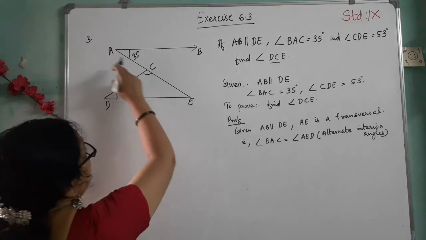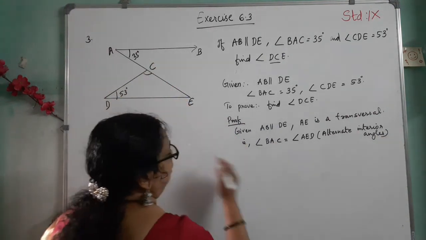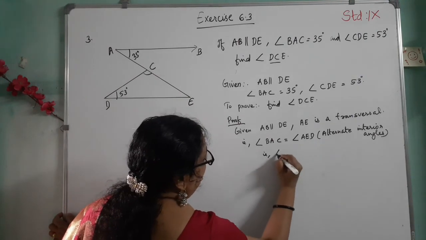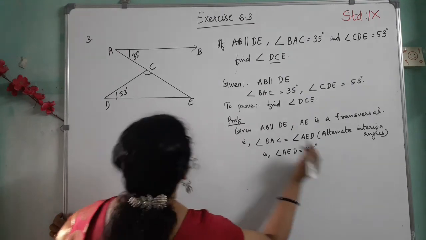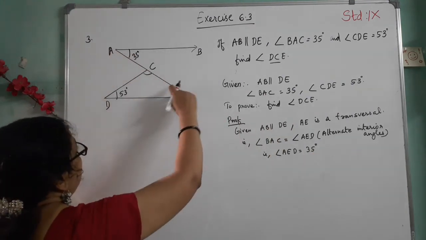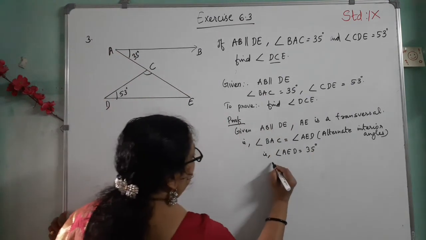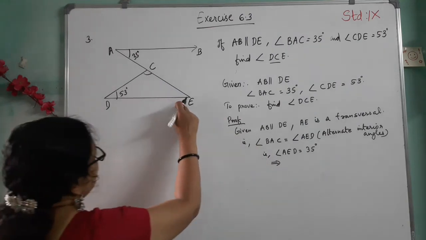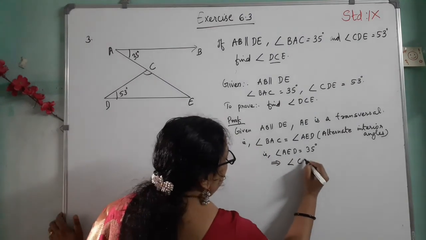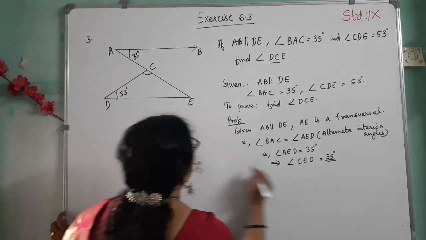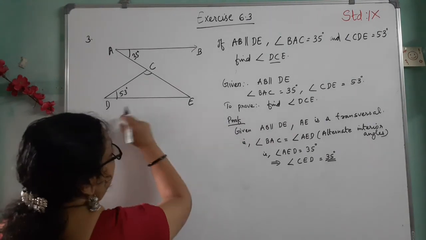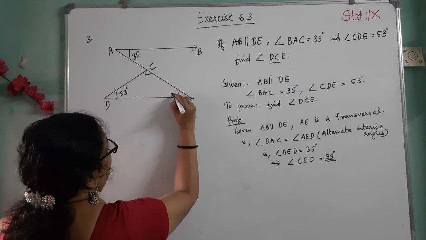Then BAC, that is given 35 degrees, so angle AED equal to 35 degrees, which implies that angle CED equal to 35 degrees. So CED, this angle equal to 35 degrees.